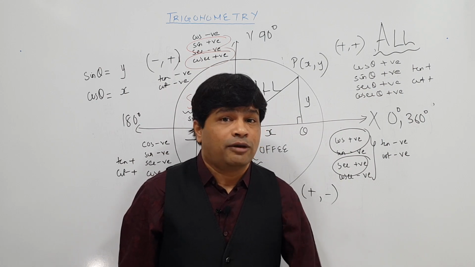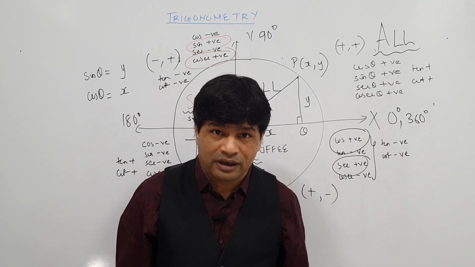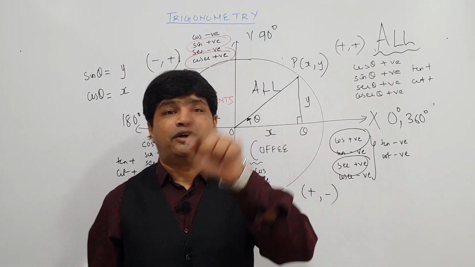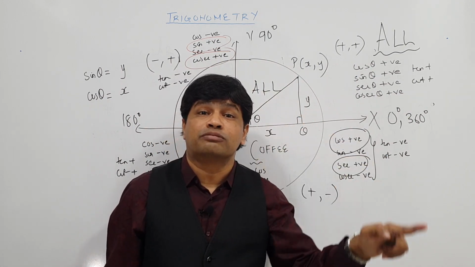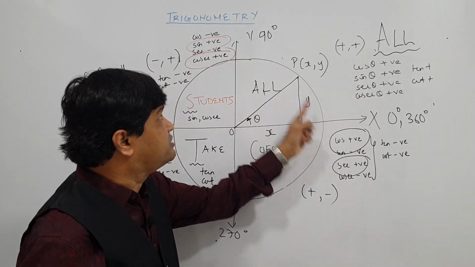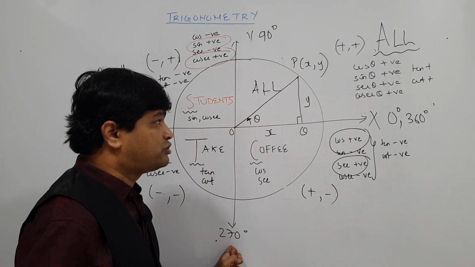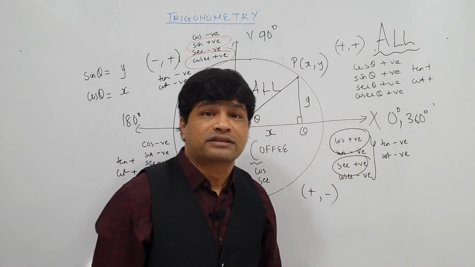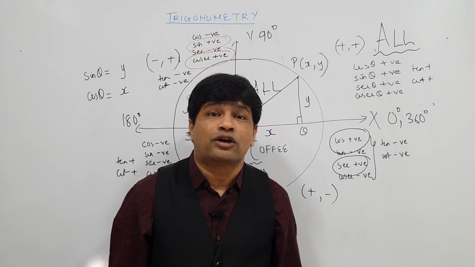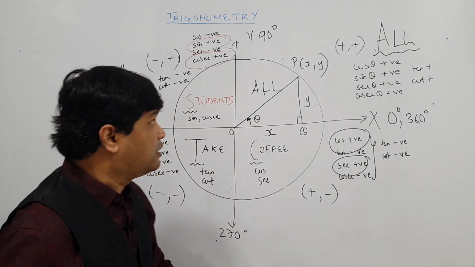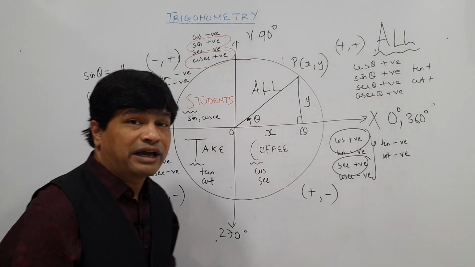It never ends because the circle never ends. It always comes to a full stop, again goes back. Comes to a full stop, again goes back. Extent of first quadrant 0 to 90. Second quadrant 90, 180. 180, 270. 270 to 360.